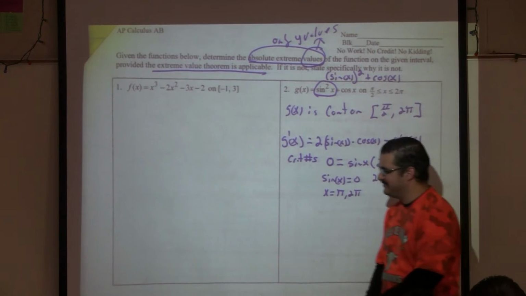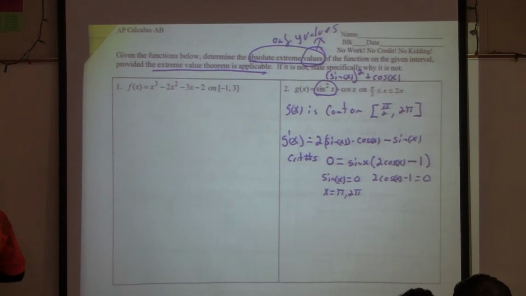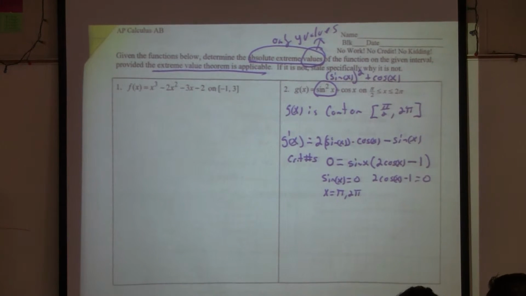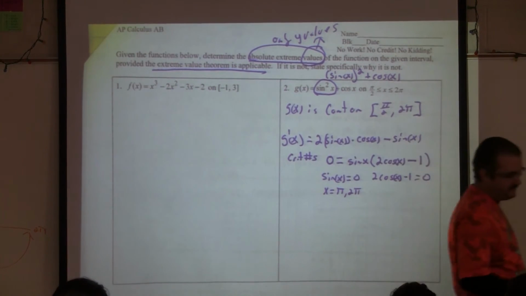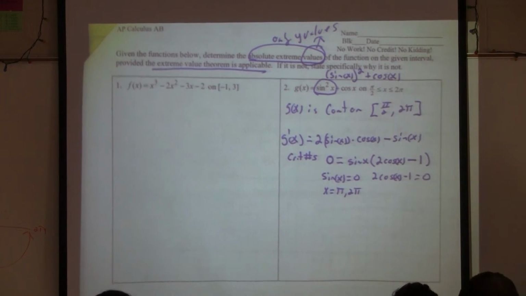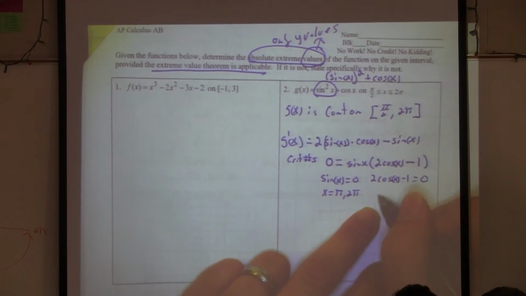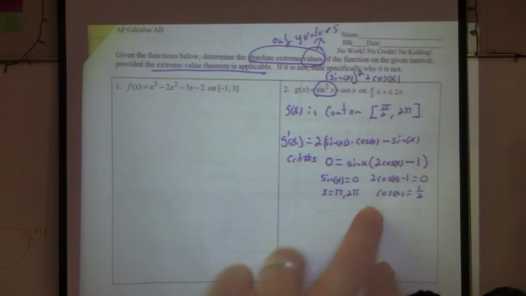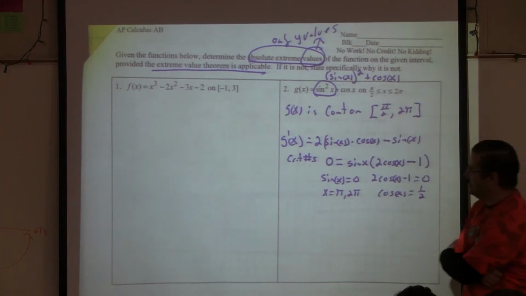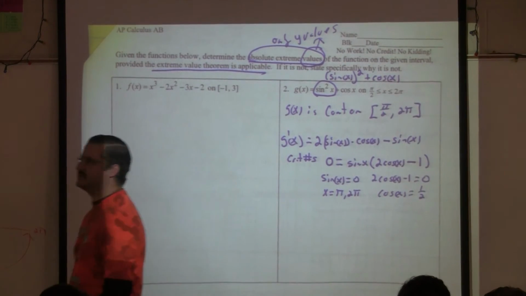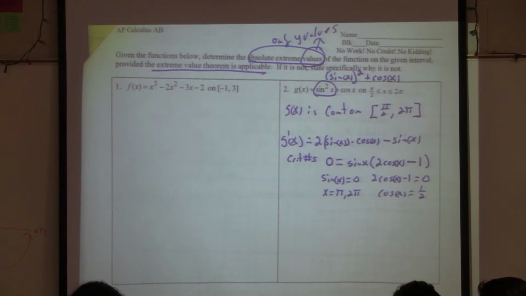Are we okay? Do we know what we're looking at? Everybody know where pi over 2 is? And 2 pi? We're looking at all this area. How about the other one? We would get plus 1 divided by 2, so we're looking for where cosine of x is equal to half. Let's start by figuring out where cosine is positive.